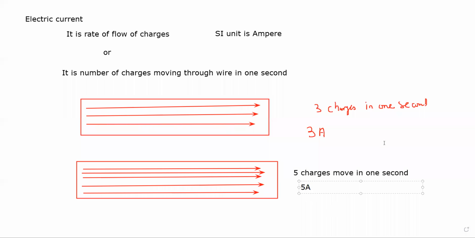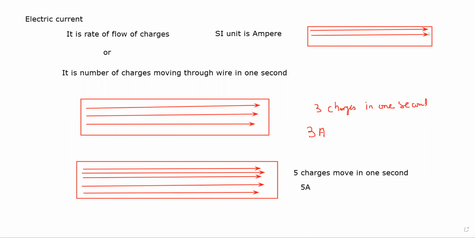But for example, if the time interval was not 1 second, say you have a wire and 3 charges move in 2 seconds.